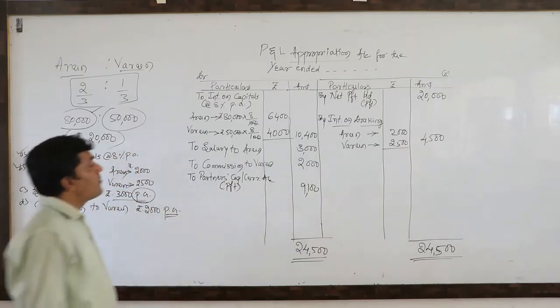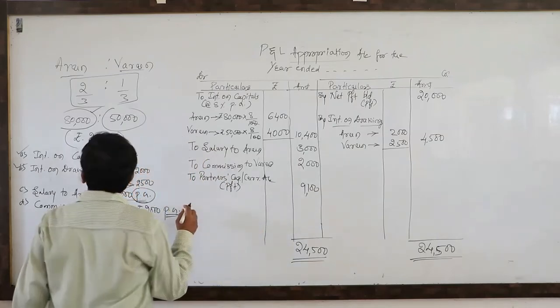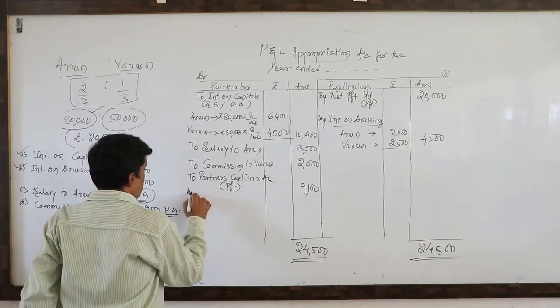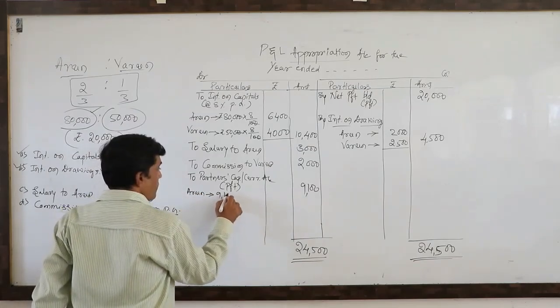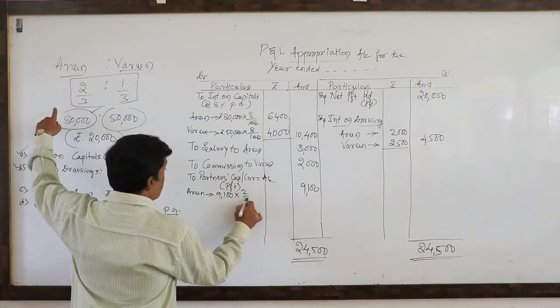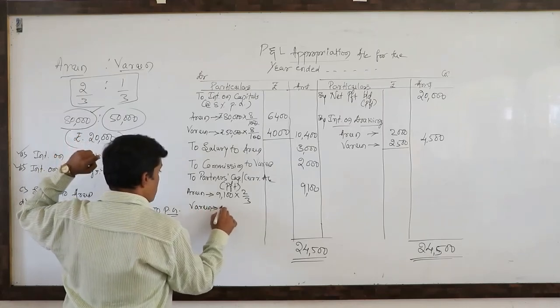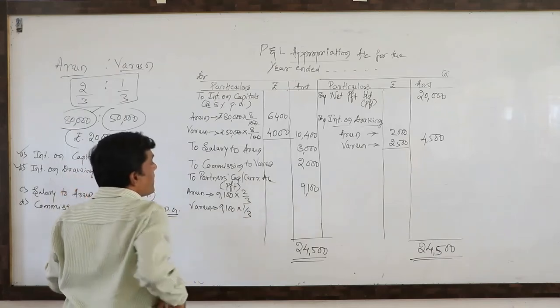This profit is distributed among Arun and Varun in their profit sharing ratio.